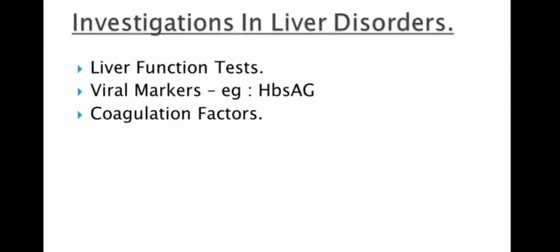Then comes the most important function of the liver, the synthesis function. The liver synthesizes protein, and among the proteins, albumin is the most important. For example, if a patient comes to you with white nails and edema of the lower limbs, with ascites, and with yellow eyes, then you have to see the liver function, and you assume that the synthesis of protein is disturbed in the liver.